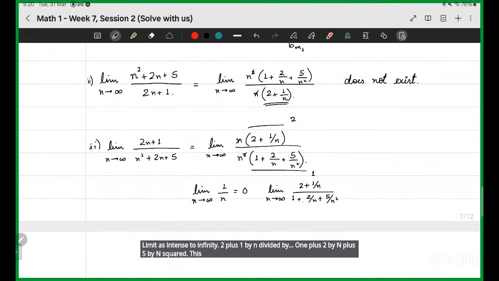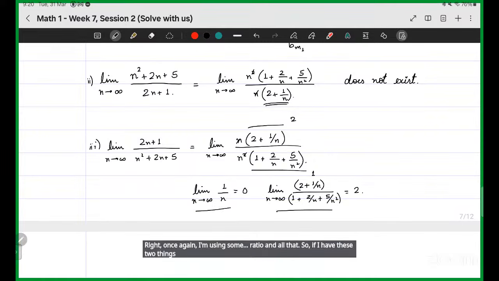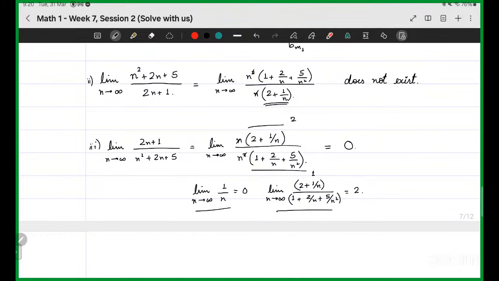This is equal to 2. Right? Once again, I'm using some ratio and all that. So if I have these two things separately, then their product will be the product of the limits. Therefore, this will be equal to 0. Is that okay?